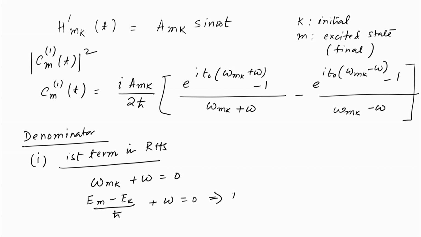That immediately tells us that E m equals E k minus h cross omega, which means that E m is less than E k, and E k is the initial state or the unperturbed level before the perturbation was switched on.